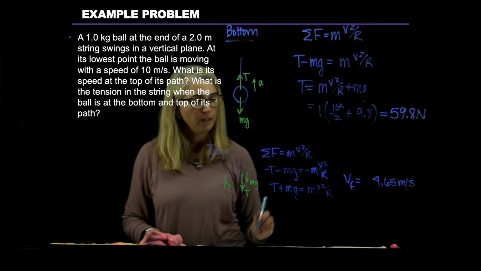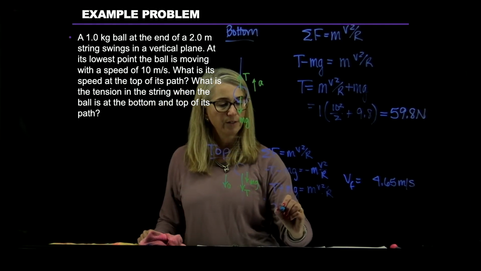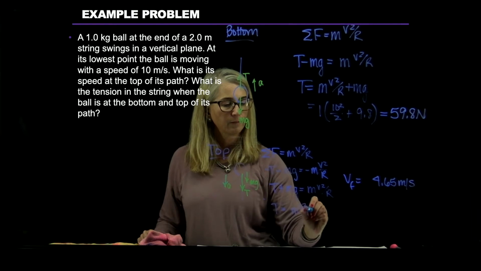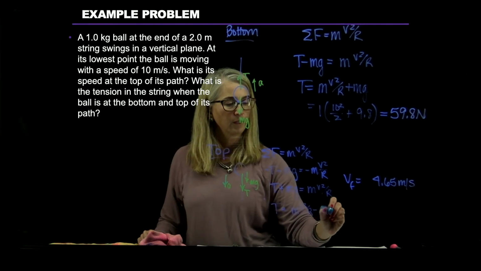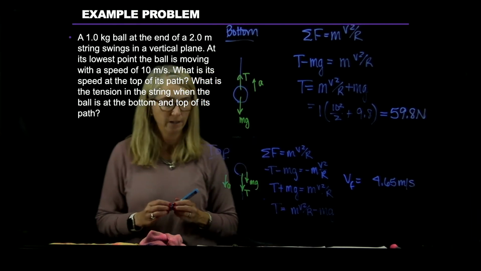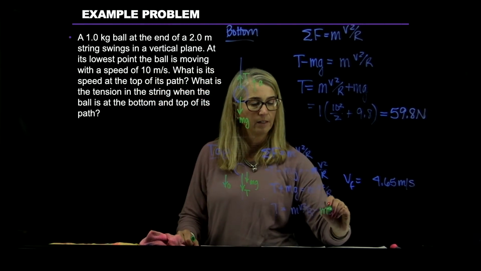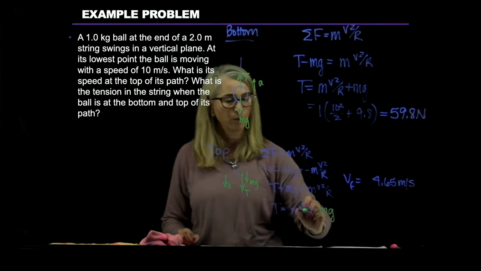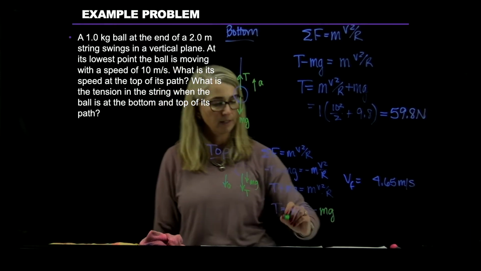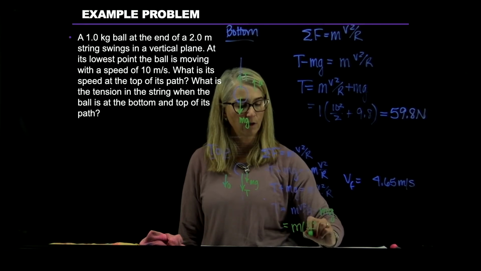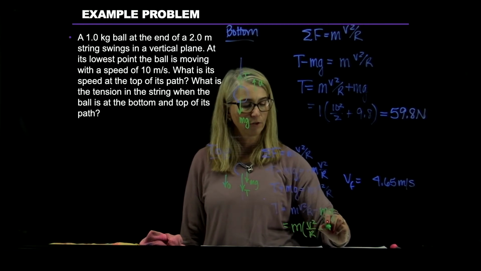And then if I solve for T, you can see the tension's going to be different this time, because now instead of adding the gravity to the centripetal expression, I actually subtract it. So I get m times v squared over r minus g.